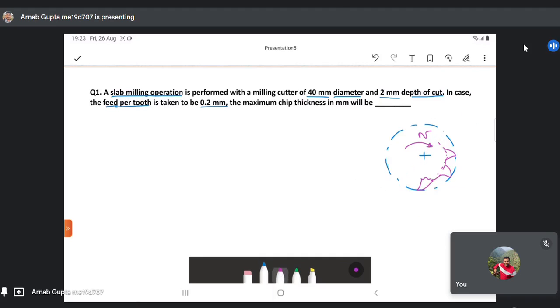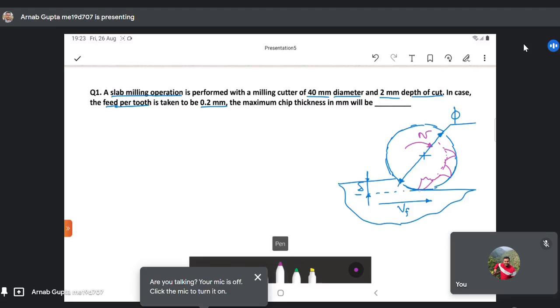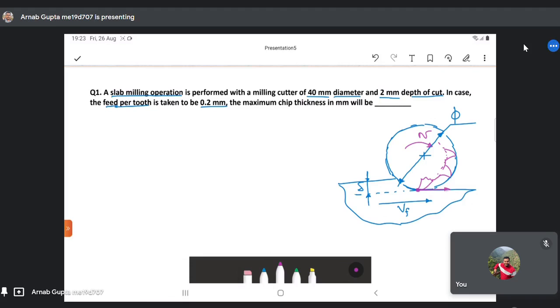So this is a case of upmilling, because if you pay your attention at this particular point, then this is the feed motion of the tool with respect to the workpiece, or the other way around, both are correct. In this case, the tool is being just rotated and the workpiece is being fed, as a classical example of any milling operation.